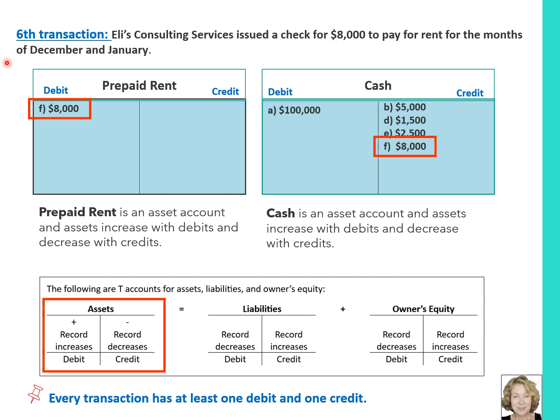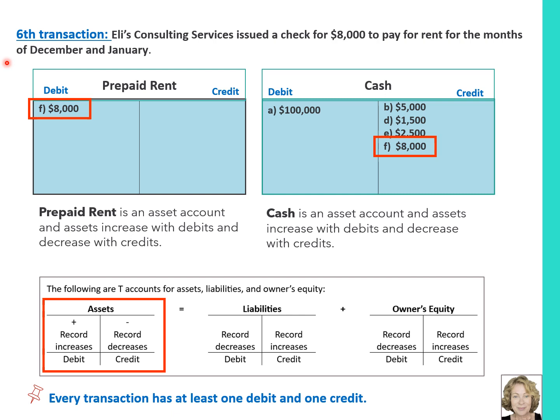Let's now look at the sixth transaction. Eli's Consulting Services issued a check for $8,000 to pay rent for the months of December and January. Payments in advance for rent are considered prepaid expenses, and prepaid expenses are an asset of the company.